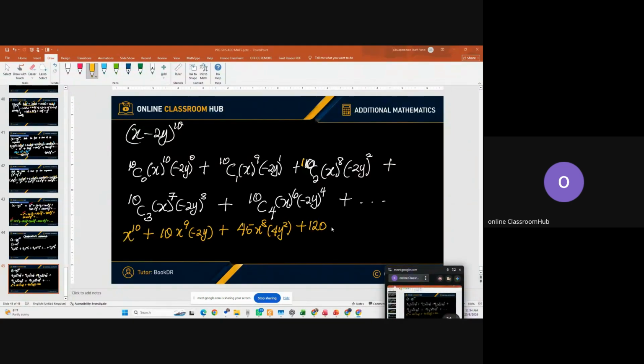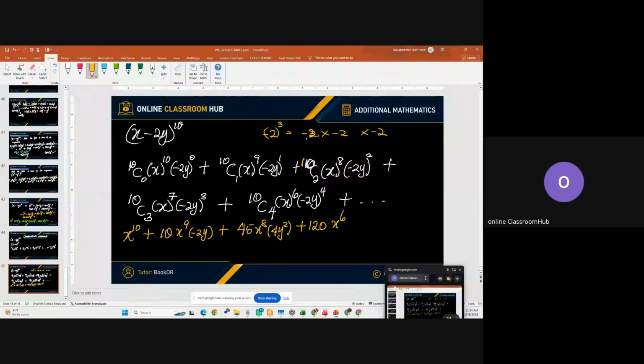After writing the 120, then we know x is having a power of 6. When you raise a negative number to the third power, it becomes still negative. What it means is that if I have -2 raised to the power 3, it is -2 times -2 times -2.